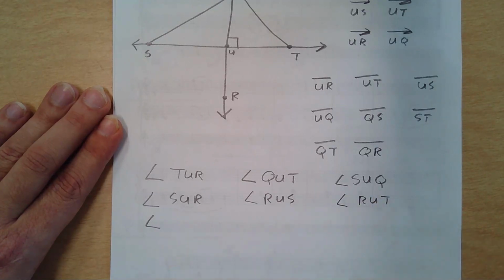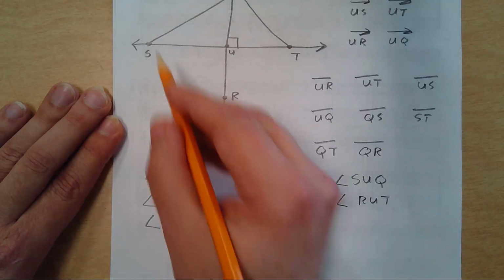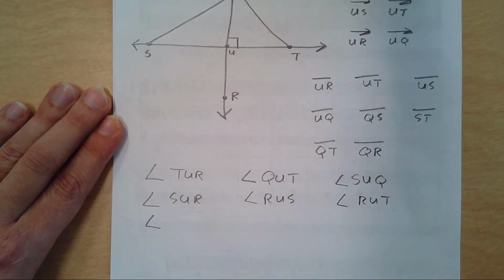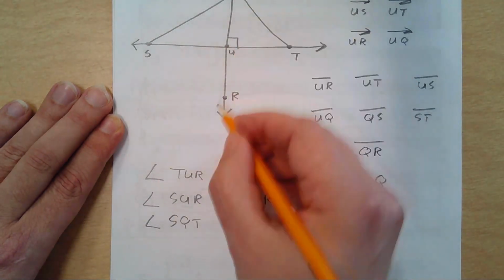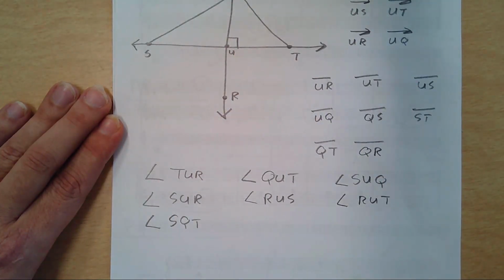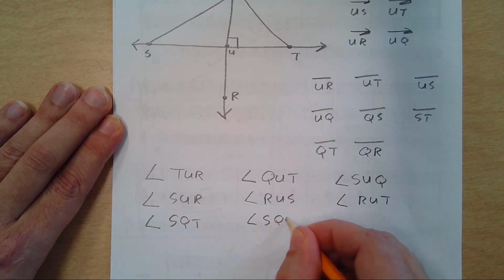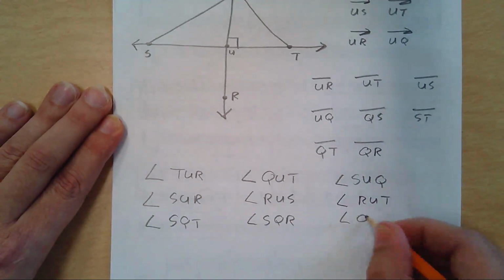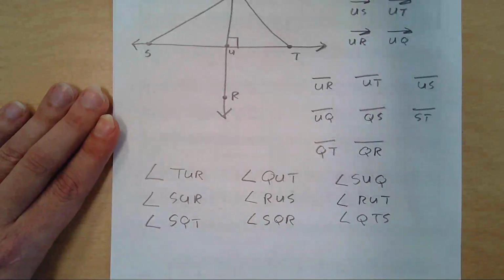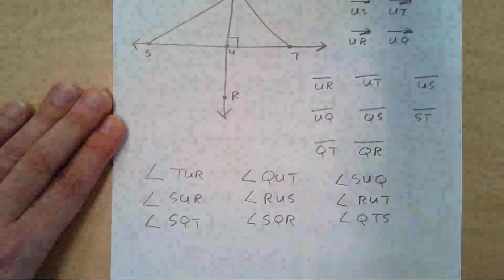Got that? What about SQT? Yeah. That could be one. What about SQR? Could that be one? What about QTS? TQR?